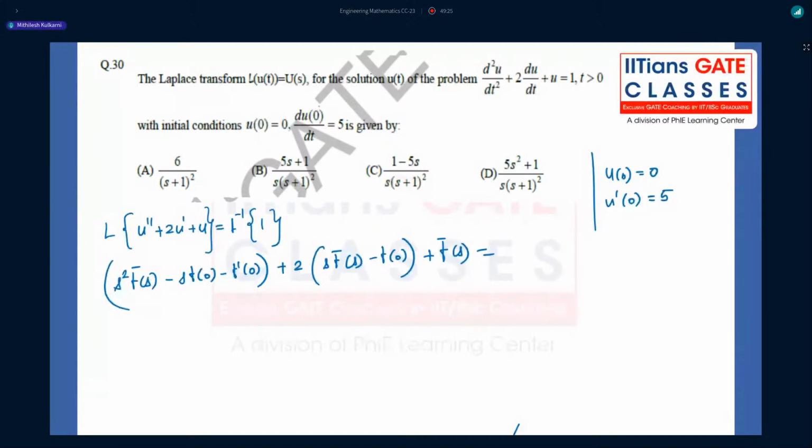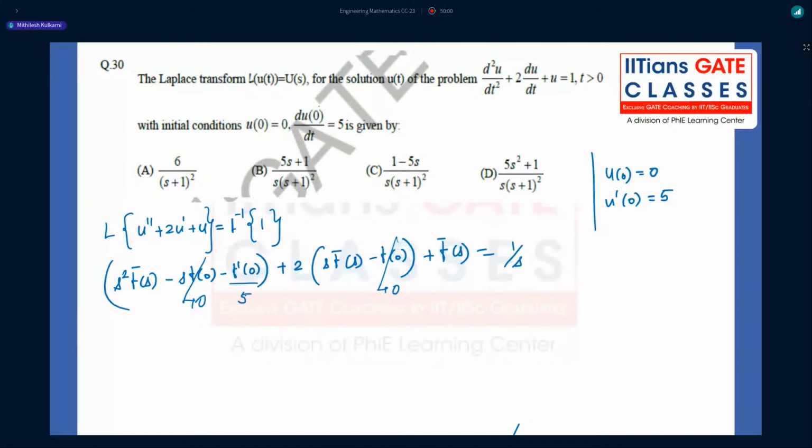Now apply the initial conditions which they have given. F of 0 is 0, so basically this term will become 0. This term will also become 0. F dash, or you can say u dash of 0 is 5. So I have to write this term as 5.